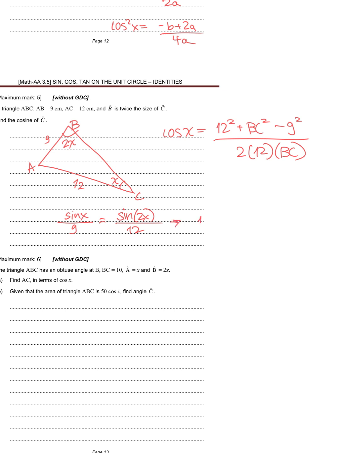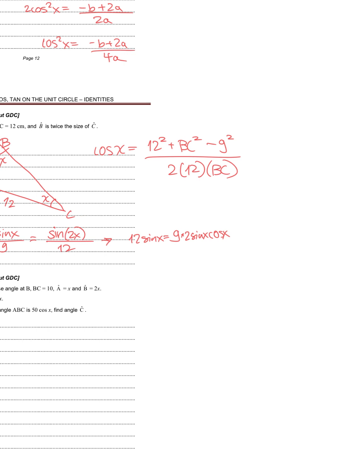So we've got 12 sine x equals 9 sine 2x, which is 2 sine x cosine x. So I'm just going to subtract. So we have 12 sine x minus 18 sine x cosine x equals 0. Yeah, we're not going to use that. We're just going to solve this one for cosine.